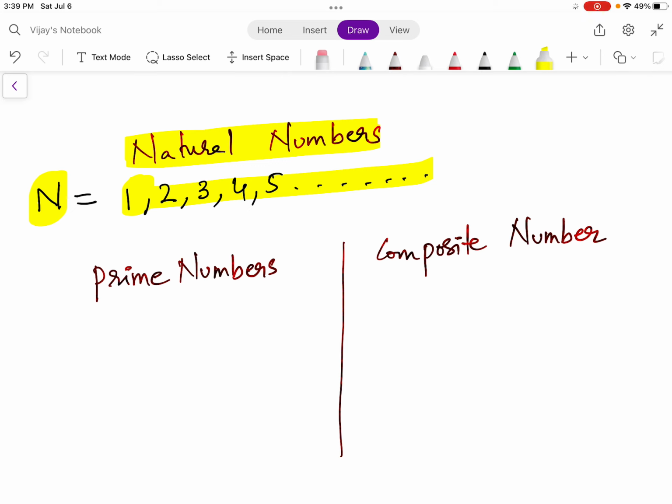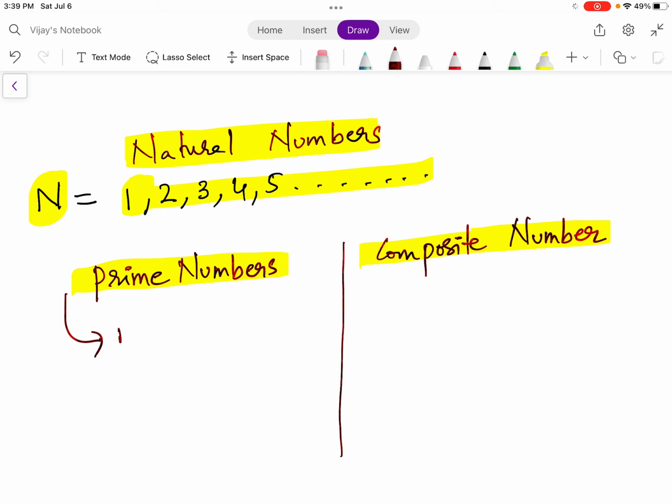Now let me tell you what a prime number is. Of course, a prime number is a natural number, and composite numbers are also natural numbers. But first let me explain prime numbers, then the definition of composite numbers will be clear. A prime number is a natural number greater than 1 which has only 2 factors. Let me write that for you.